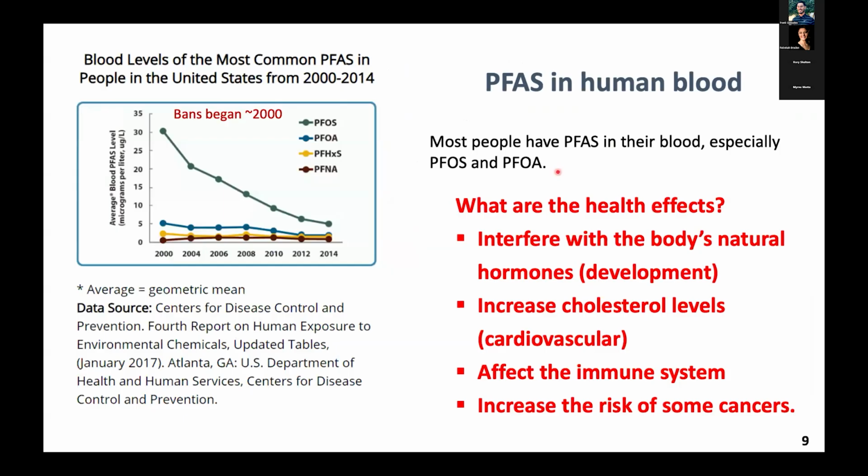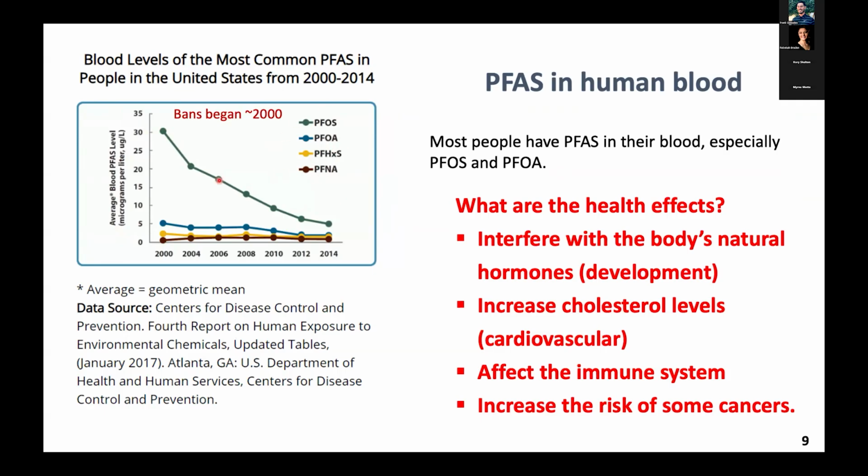All right, so as I showed earlier on the timeline, we began to discover these PFAS molecules accumulating and starting to cause health effects. And so some of them, like the PFOA and the PFOS, got banned around 2000. And you can see here in the left-hand side, this is the average blood PFAS level of these particular molecules, some of the most widely used ones. And you can see they're starting to go down.